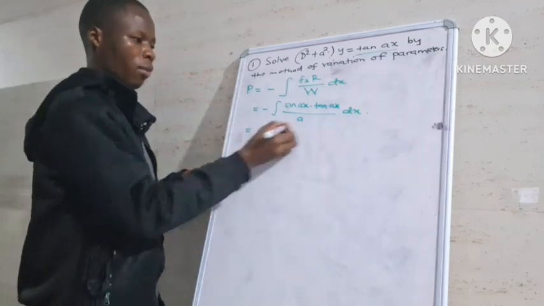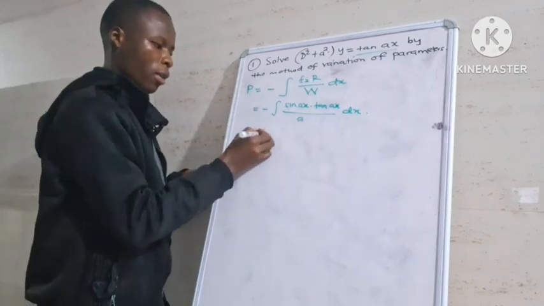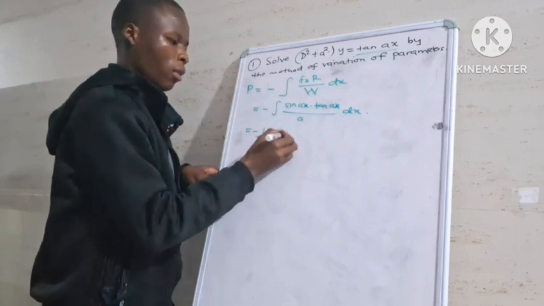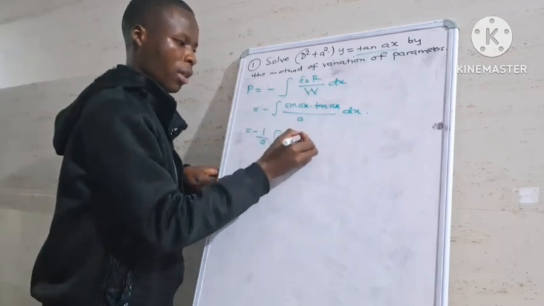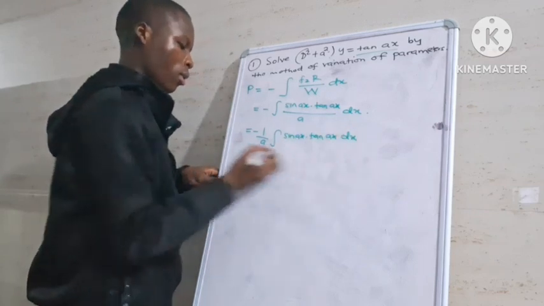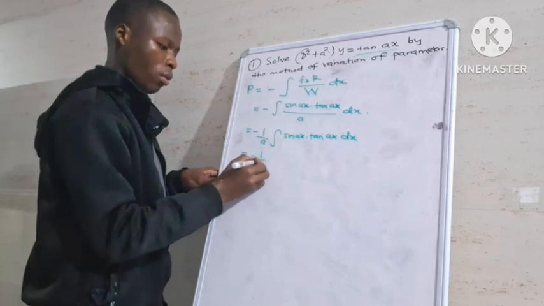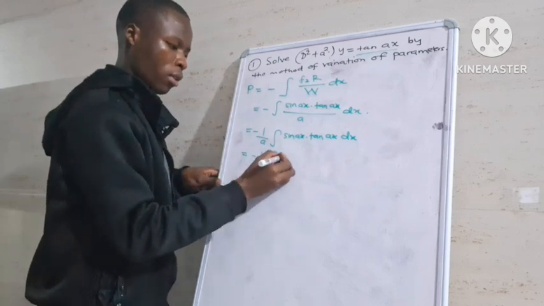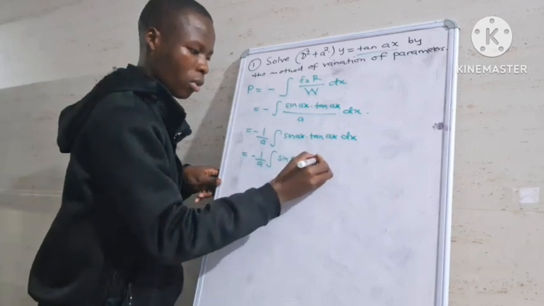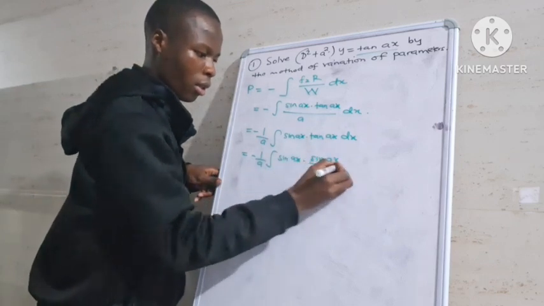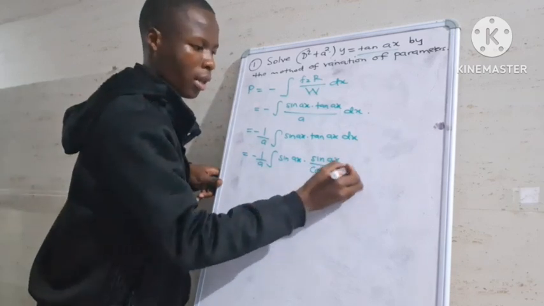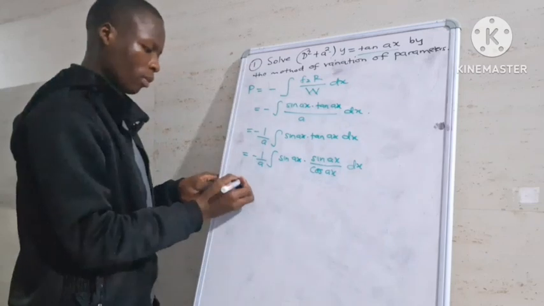Factor out 1 by a. This is negative 1 by a, the integral of sin ax tan ax dx, where tan ax is sin ax over cos ax.